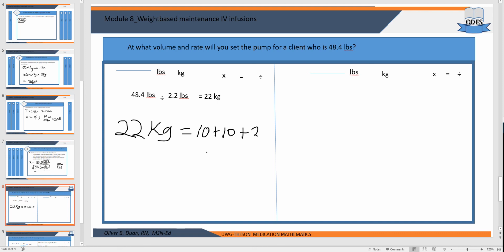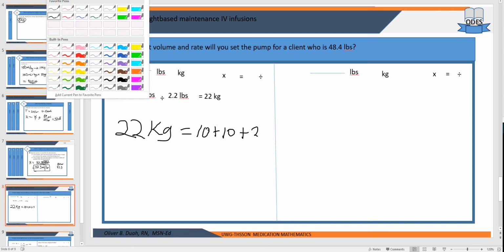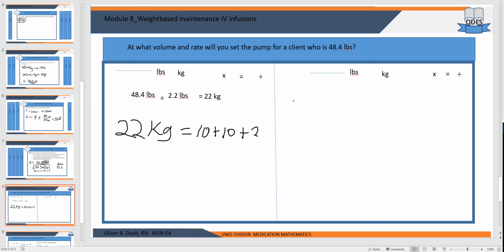So we will go back to the question and see the weight distribution. It says for every ml per kilogram for the first up to 10 kilograms.